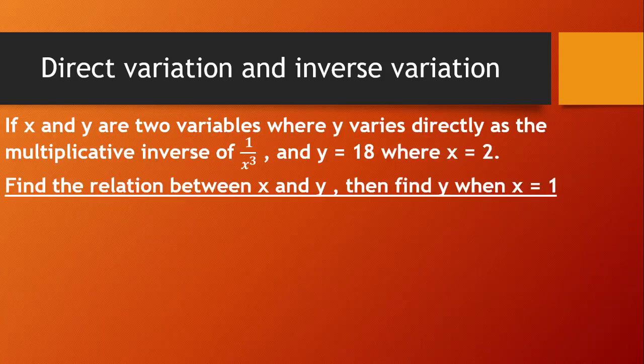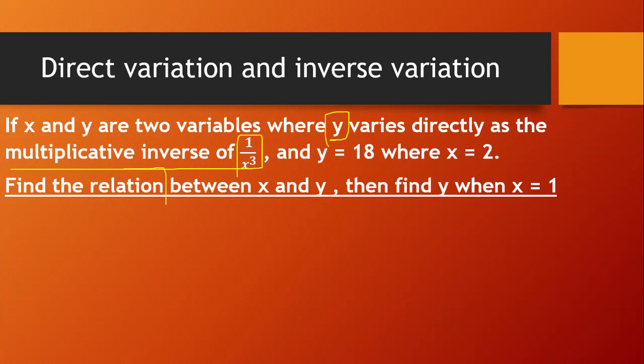Like here, for example, if x and y are two variables where y varies directly, not as x, but as the multiplicative inverse of 1 over x power 3, and y equals 18 when x equals 2.